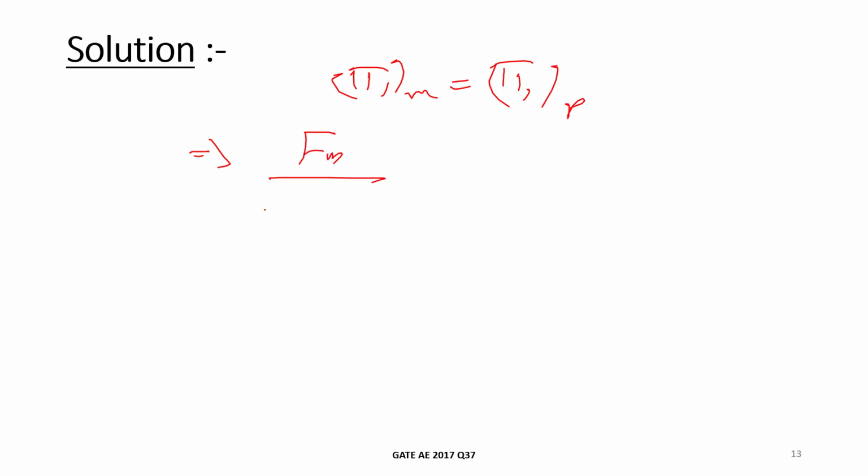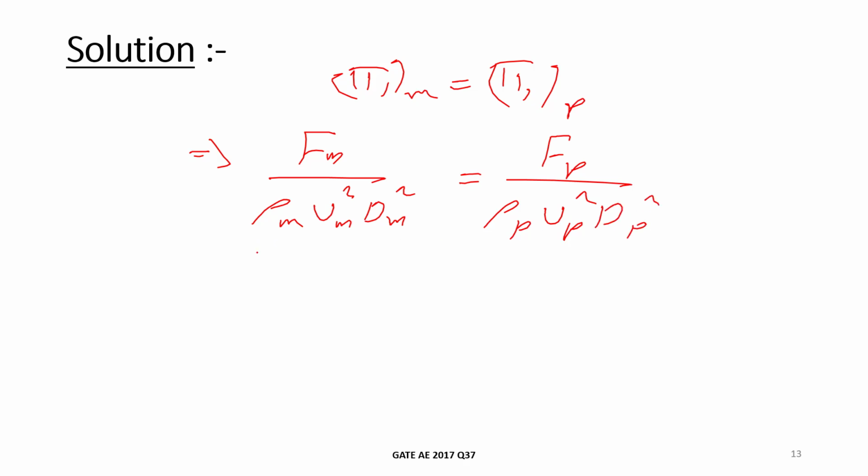Now we will equate the other pi term, pi1 for model equal to pi1 for prototype. So we will equate it: Fm upon rho m um square dm square equal to Fp upon rho p up square dp square.